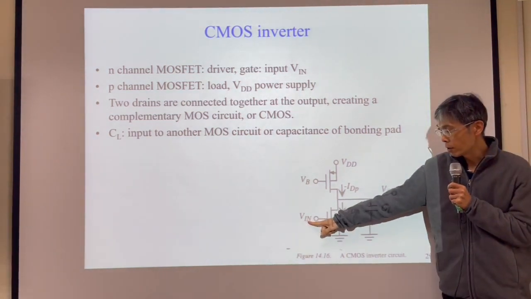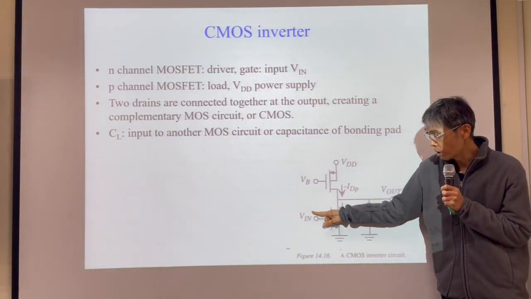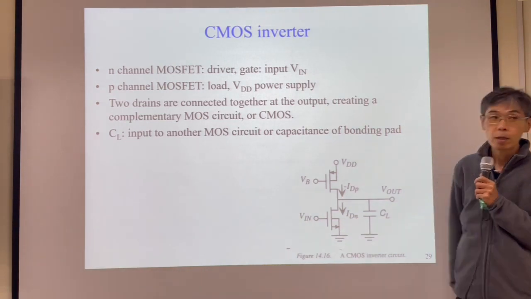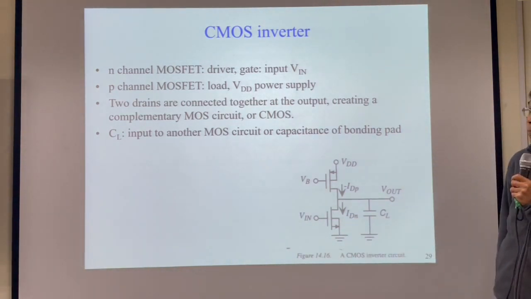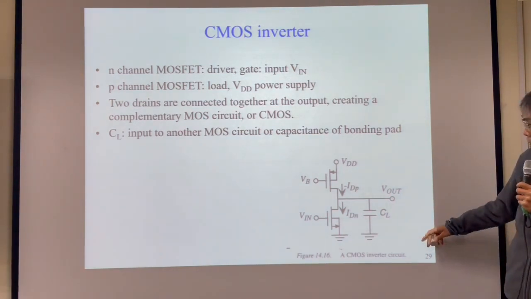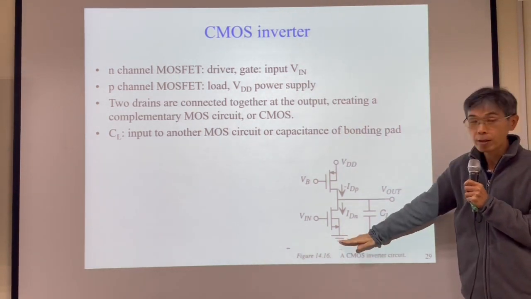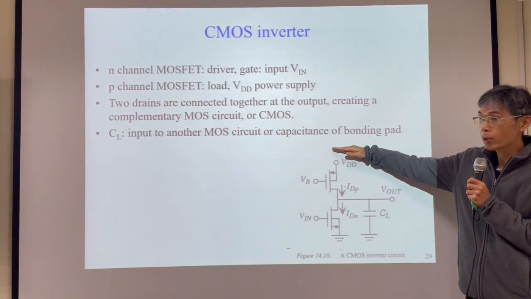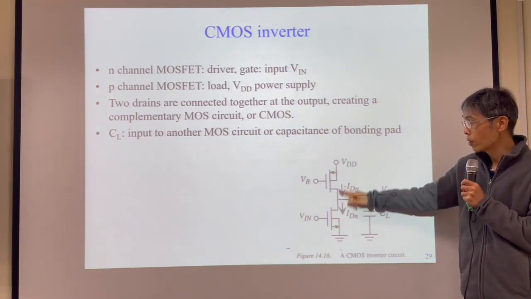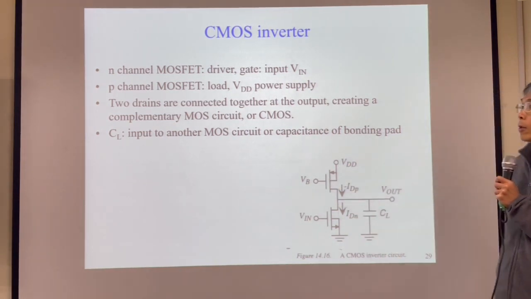So for the NMOS, we have the input voltage connected to the gate of this NMOS. Bipa, could you read the second one? P-channel MOSFET load, VDD power supply. Yes. So power supply at the top, and this is the bottom. We usually put the power supply at the top and the ground at the bottom. So VDD is the power supply to the PMOS.